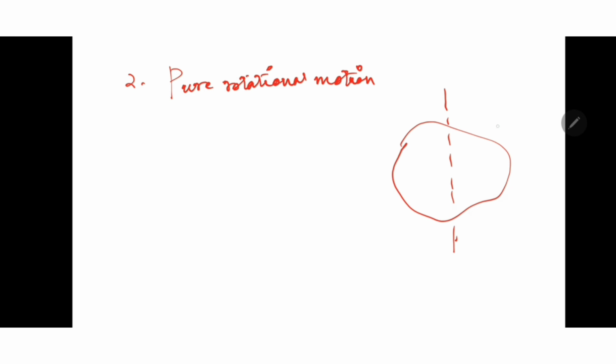Now next move to the second case, pure rotational motion. In case of pure rotational motion, suppose here is the body, which rotates with angular velocity omega.